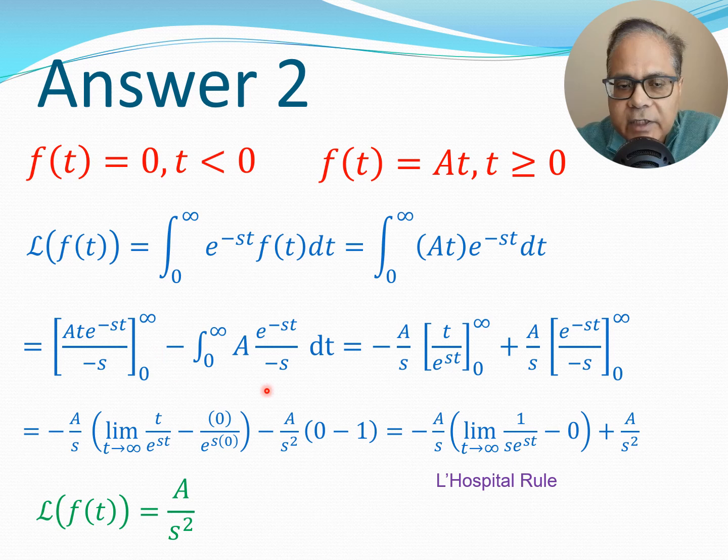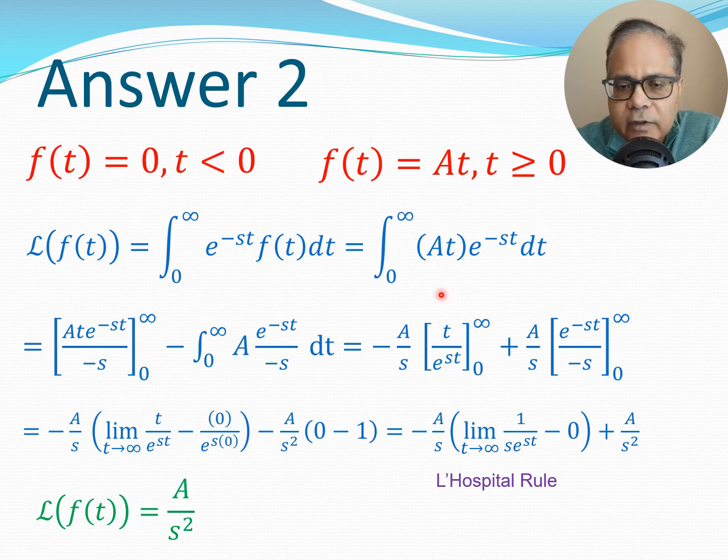If we look at the second term here, again I can take out this as and the sign will change, so I get plus a by s, and then e to the power minus st will give me e to the power minus st by minus s when I integrate that function. So again the bounds are 0 to infinite.